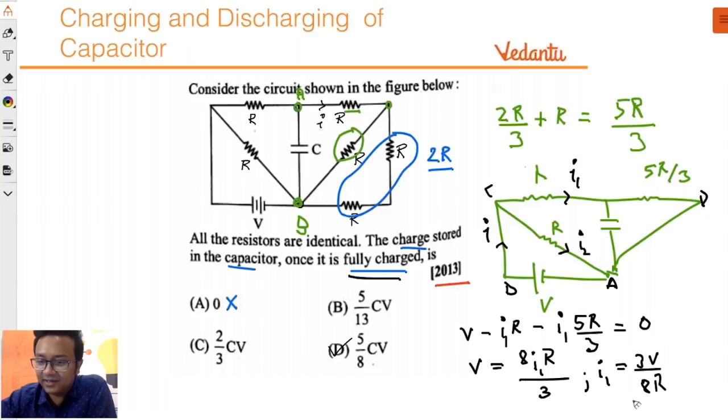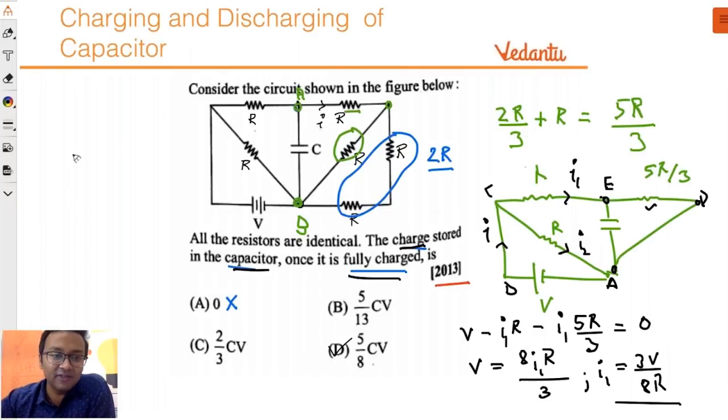Right, students? Then, in this particular problem, we need to find out the charge stored across the capacitor. Whatever is the potential difference across the resistor is the potential difference across the capacitor also. Now, what is the potential difference across this particular resistor? It is nothing but I1 into 5R by 3.